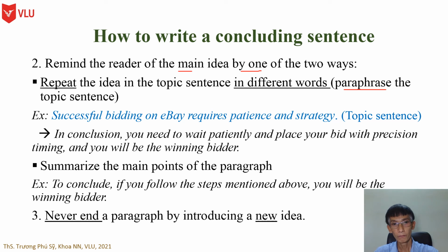For example, in the topic sentence, patience, but in the concluding sentence, it uses wait patiently. Different word. Strategy, realized by place your bid with precision timing. And successful bidding, paraphrased by the winning bidder.